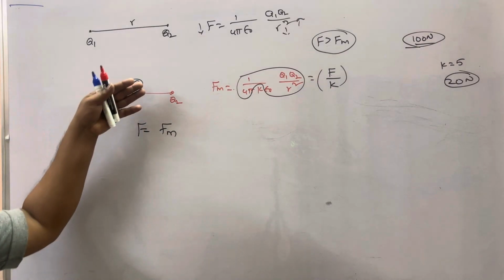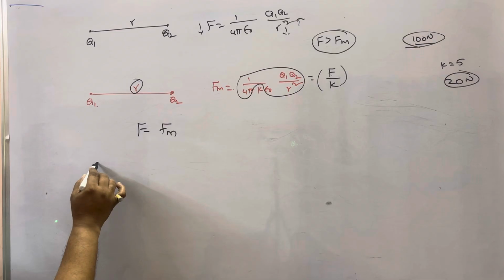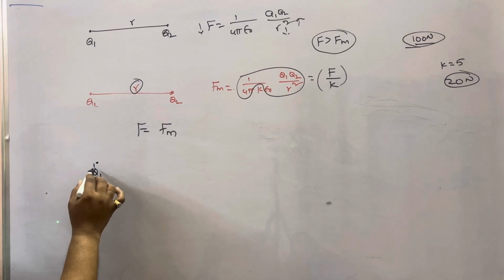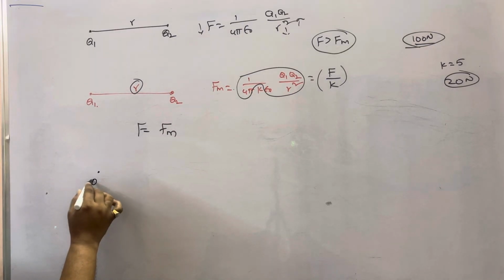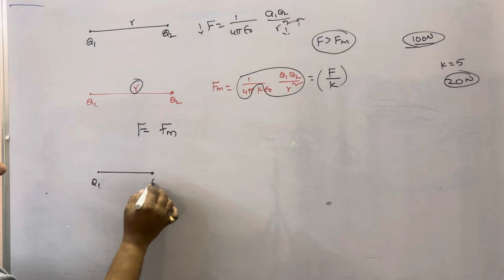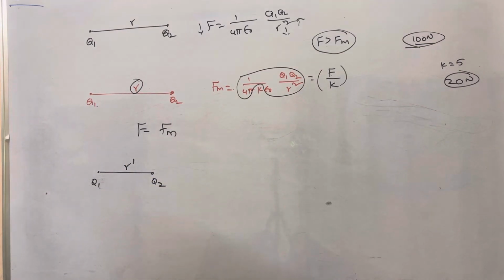Therefore, to change the force we have to change the distance. So the same charges q1, q2, and the new distance is going to be r dash, or you can take r medium.